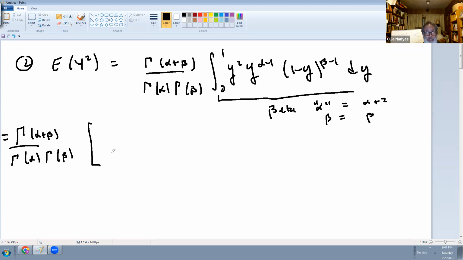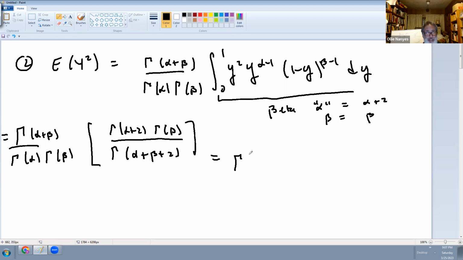So this integral is going to be gamma function of alpha plus 2, gamma of beta, over gamma function of alpha plus beta plus 2. And that is not going to be too bad. We're going to use this recursive property for the gamma functions like we have before.